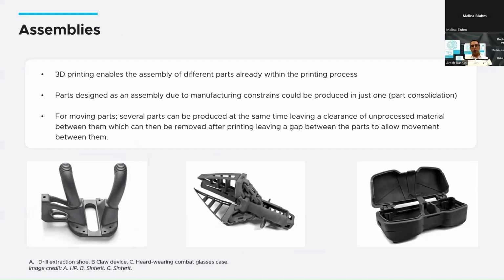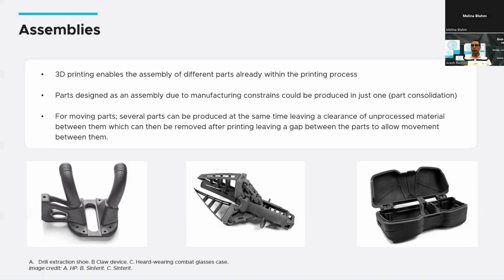If you now look from the design side of the case, you see that, for example, assemblies that are made of different parts could be printed as one single part with additive manufacturing. This is a very important topic in many applications, because it reduces the cost of assembly.